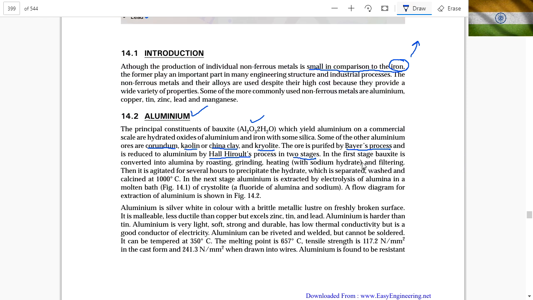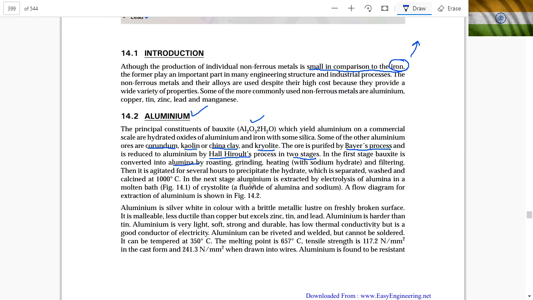In the first stage, bauxite is converted into alumina, Al2O3, by roasting, grinding, heating with sodium hydroxide and filtering. Then it is agitated for several hours to precipitate the hydrate, which is separated, washed, and calcined at 1000 degrees centigrade.